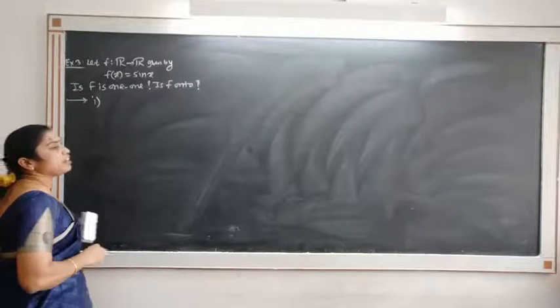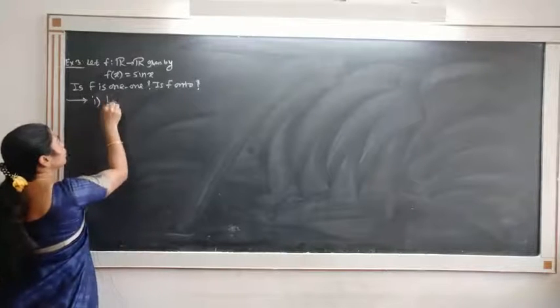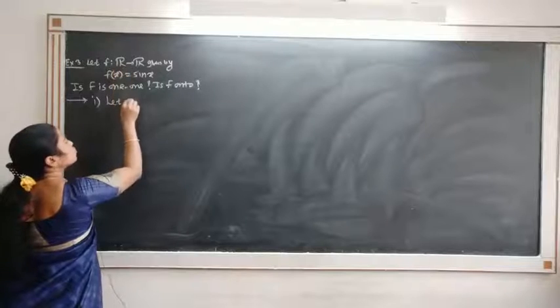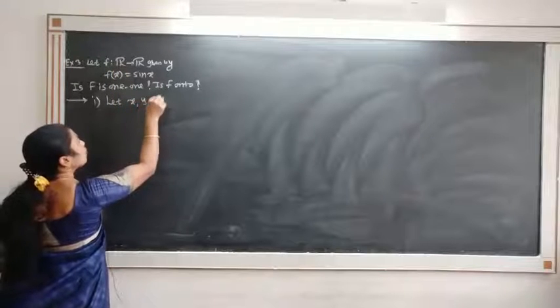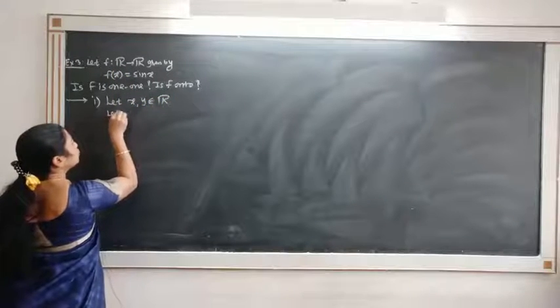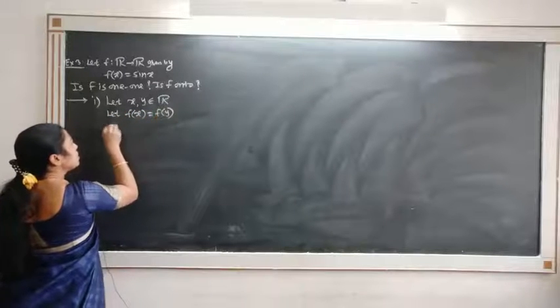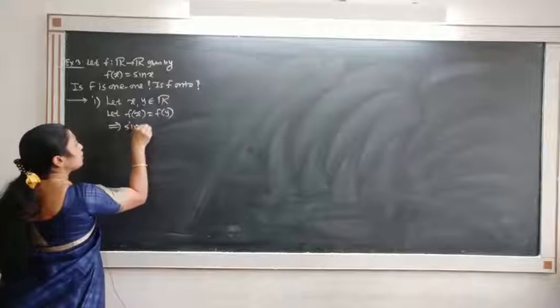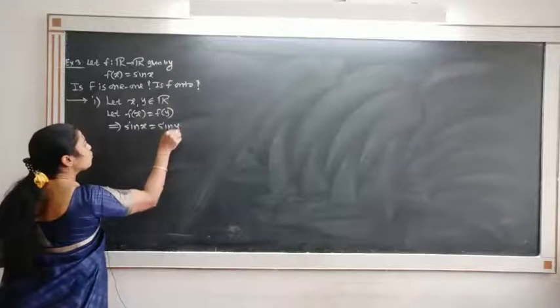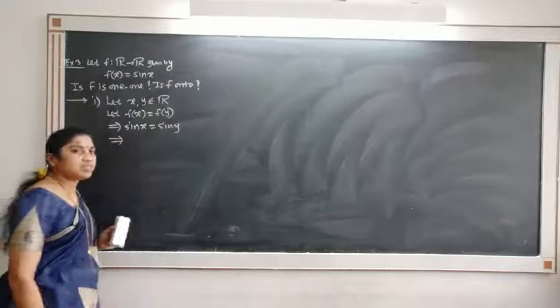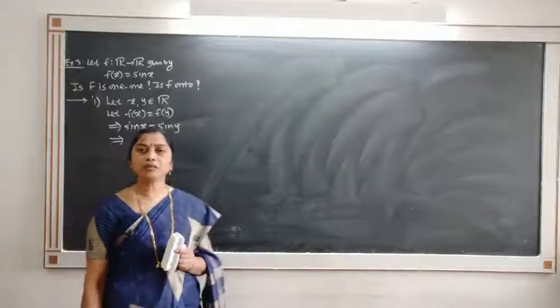So to check whether it is 1-1, we will start with two elements in the domain. Let x and y belong to domain R, and let us assume that f(x) is equal to f(y), that is sin x is equal to sin y. If sin x is equal to sin y, does this imply x is equal to y?